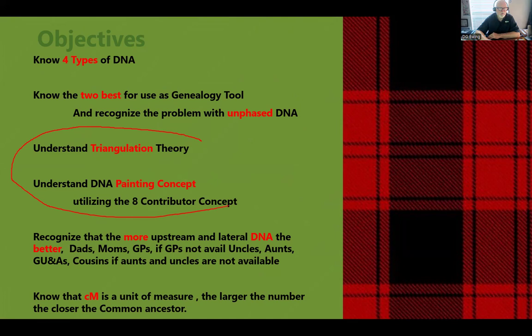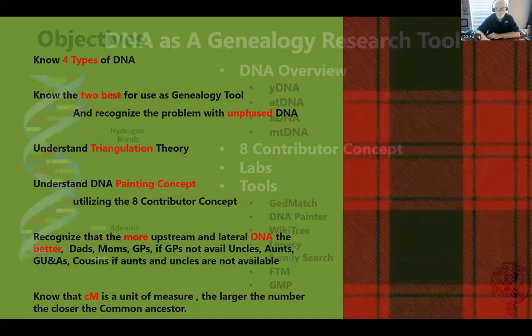Those are the two: how to triangulate, what triangulation means, and how to paint your DNA. The rest of this just gives us an understanding of what it is we're doing when we do these two things. This is what we want to be able to do at the end of this Zoom meeting.